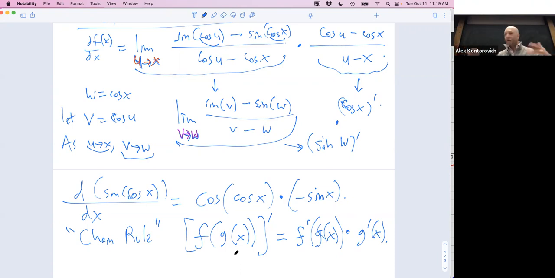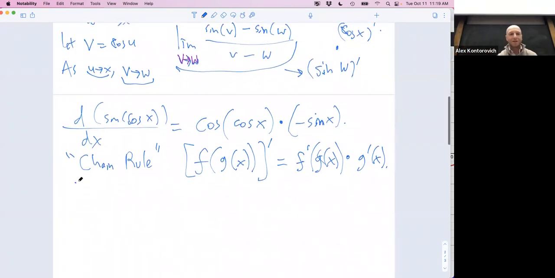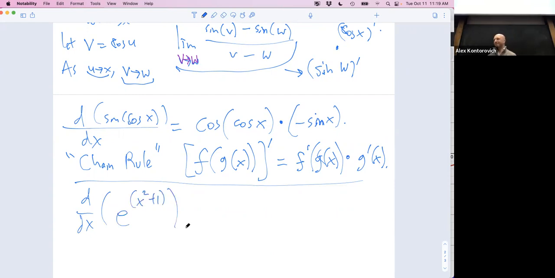Let's do 100 examples of the chain rule until we get good at the chain rule. Derivative of d/dx of e to the x squared plus 1. Let's do a couple together. Raghav, you want to answer?